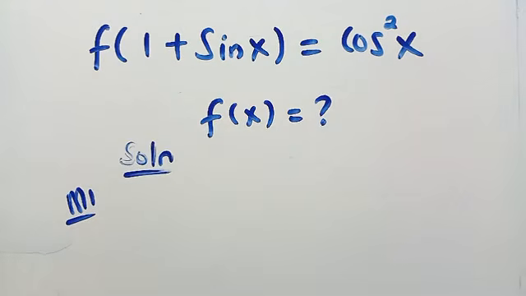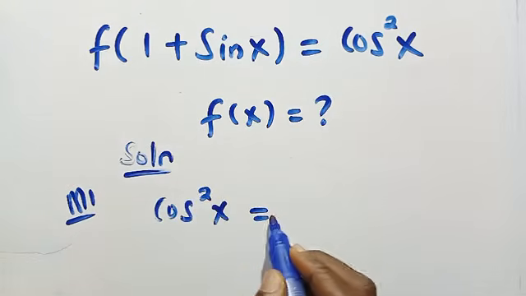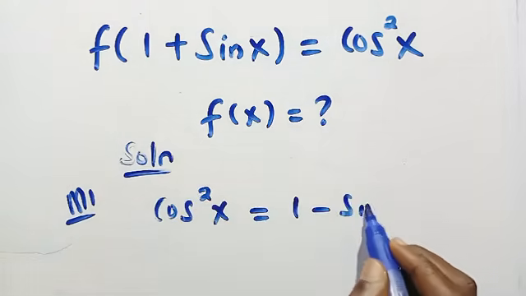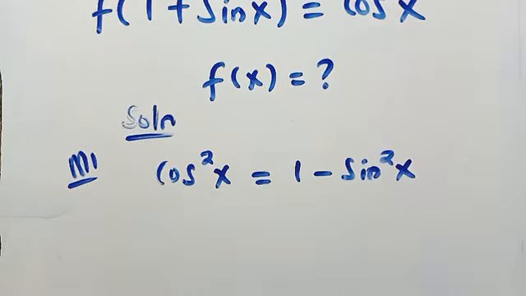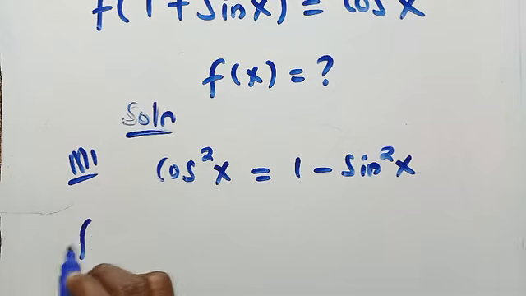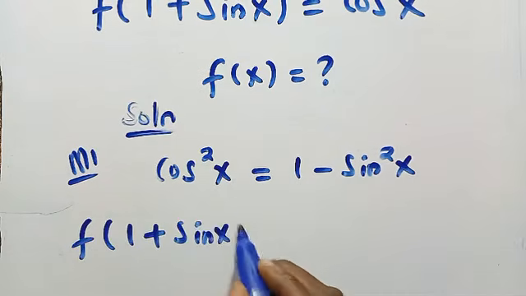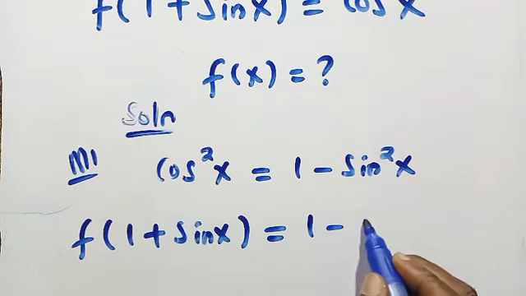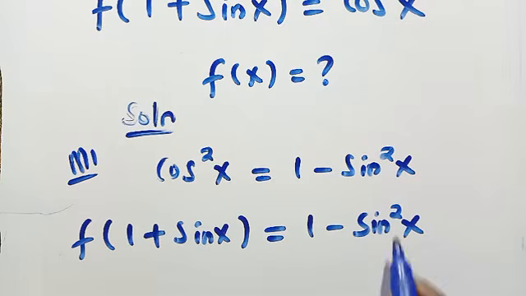Let's start by converting cos² into sine x. We note that cos²x is given as 1 minus sine²x. By substituting this, we have f of 1 plus sine x equals 1 minus sine²x. I have to convert this because the domain here is in terms of sine x.